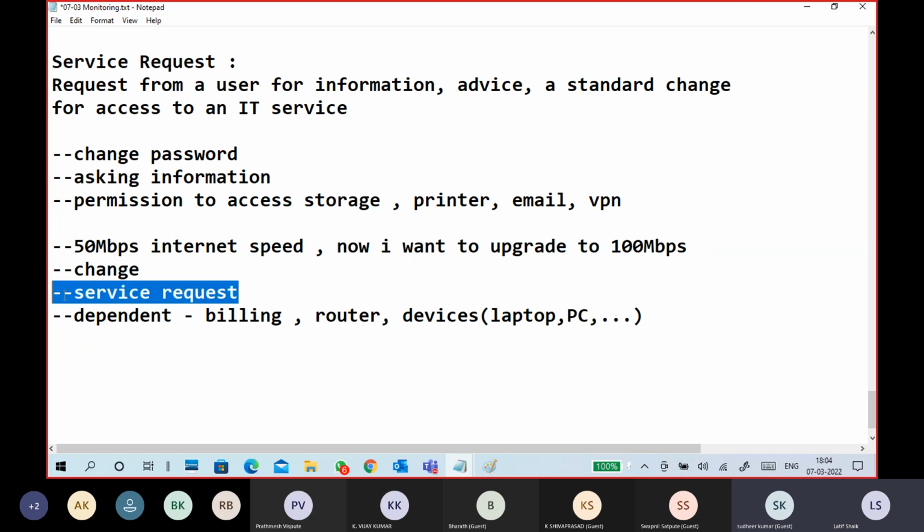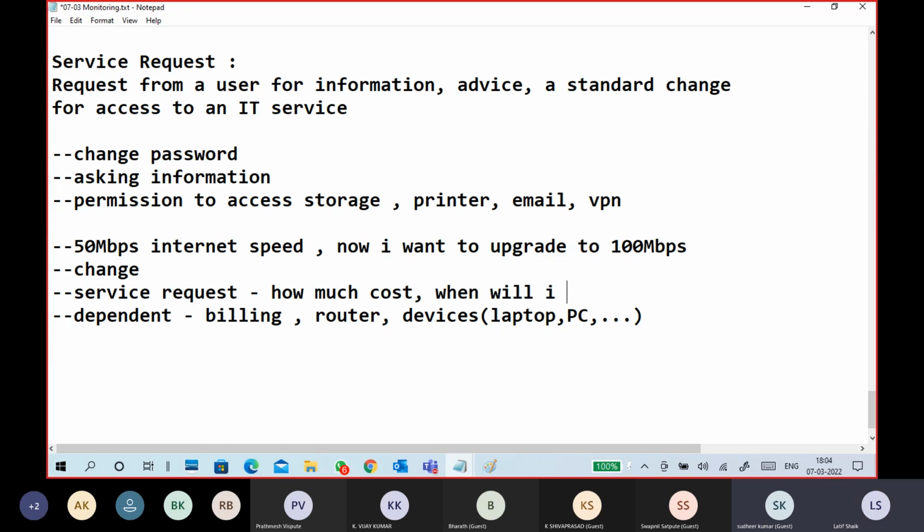Next, it is a service request, and first is how much does it cost? When will I get it? I requested now, when will I get it? That's also information. How much cost?